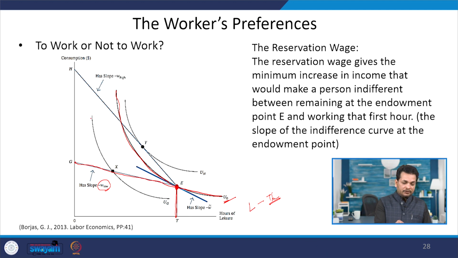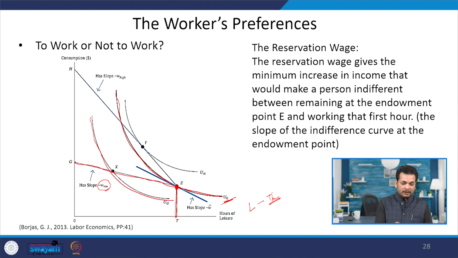He has a utility UG, which is lower than this U0. So, with a low wage rate, if the worker enters the labor market, he is not better off as compared to the point E.